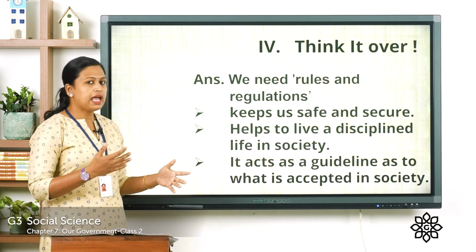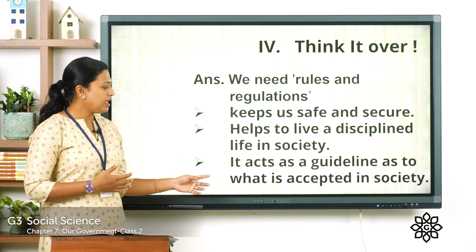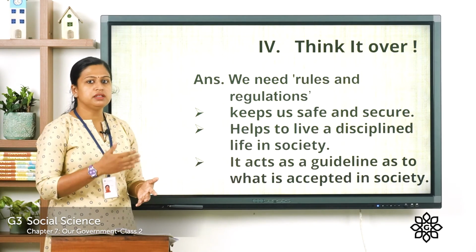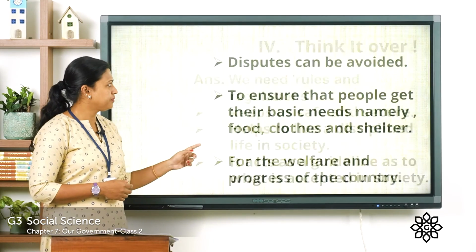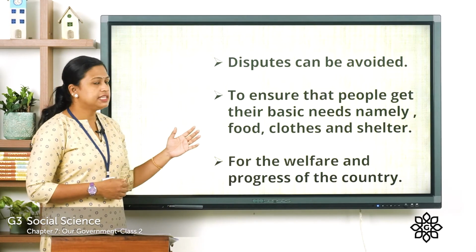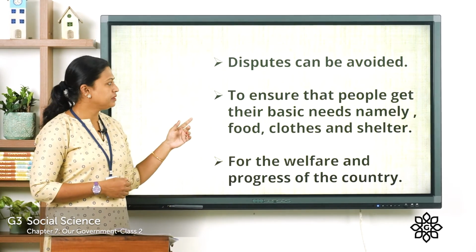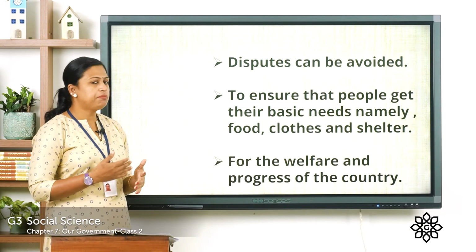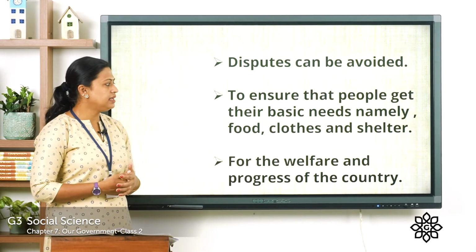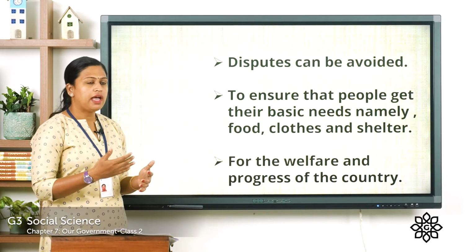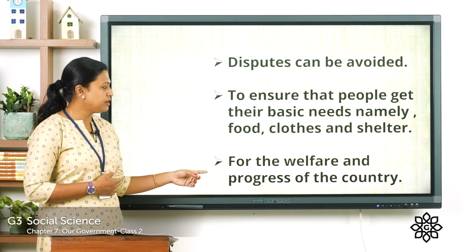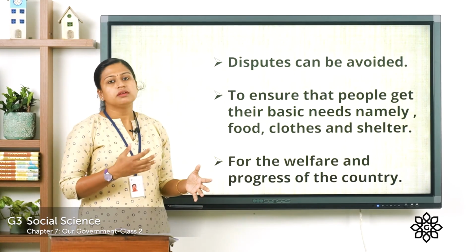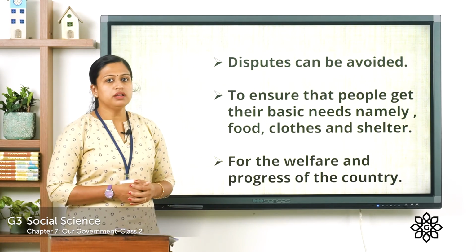Third, it acts as a guideline as to what is accepted in society. Next point, disputes can be avoided. Next one, to ensure that people get their basic needs like food, clothes and shelter. The last one is, it also helps in the progress of our country.